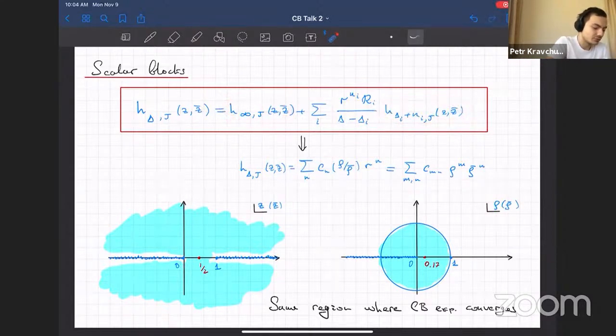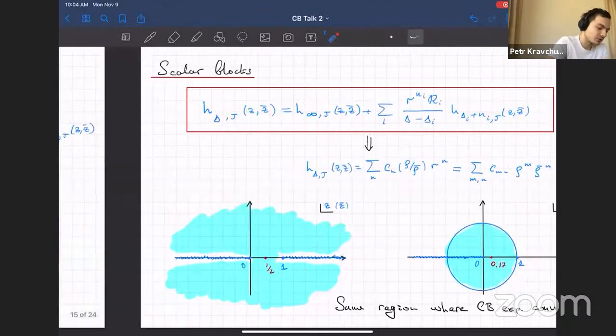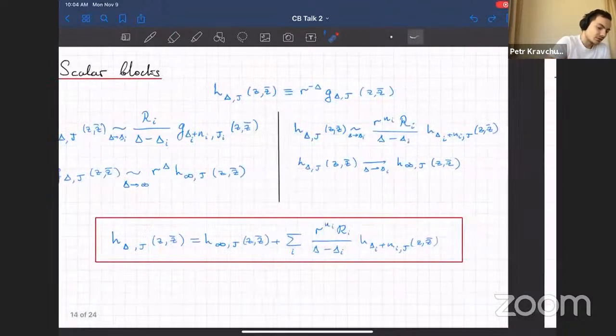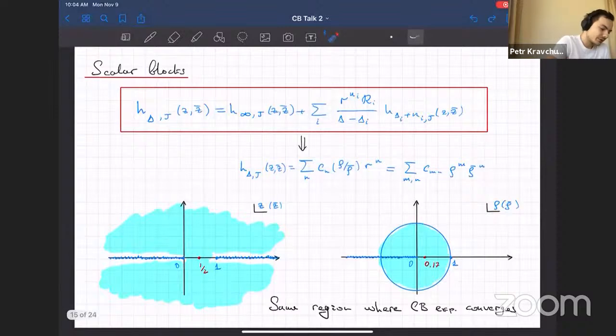And you can repeat this recursively, and you find the power series expansion for h of z and z bar in powers of r, and the coefficients in this expansion are functions of the ratio between rho and rho bar. If you remember, r is the product of rho times rho bar.